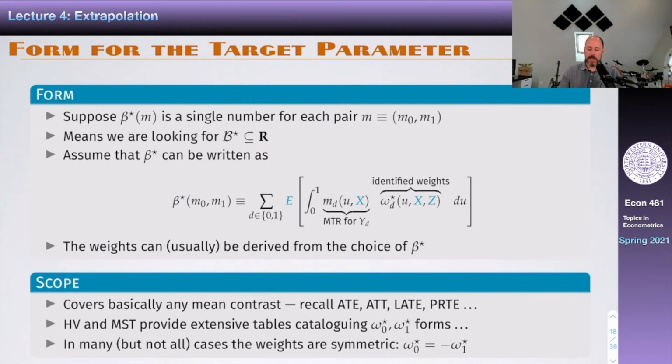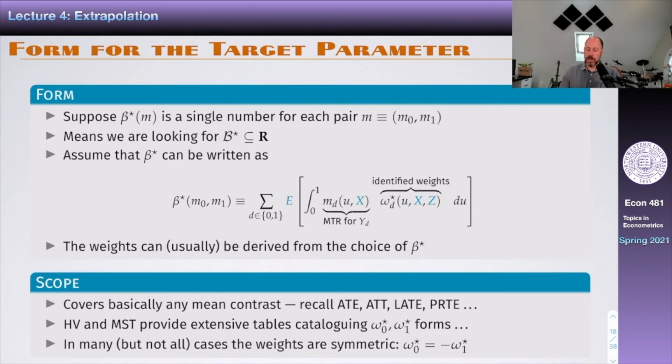And what we're going to assume in this paper is that beta star of M, which is again M0 and M1, can be written in this way. It's a sum, over the two treatment states, 0 and 1, of the expected value of the integral of the marginal treatment response times weights, over U. And the expectation here, of course, is with respect to X and Z.